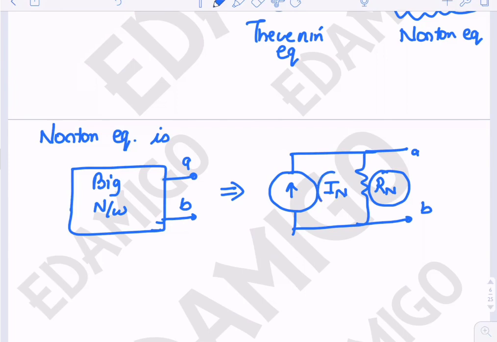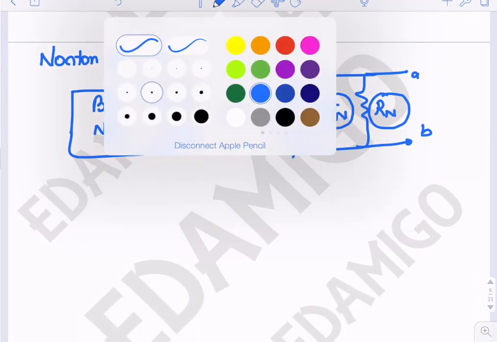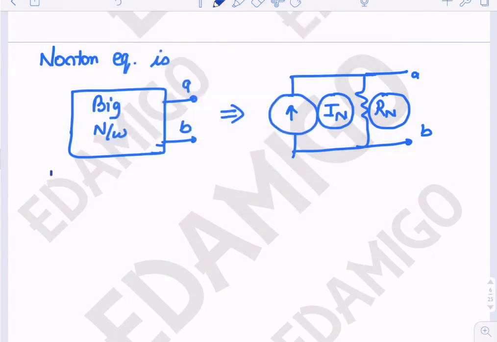The Norton current IN is VTH upon RTH. But let me tell you the method to find out IN separately.